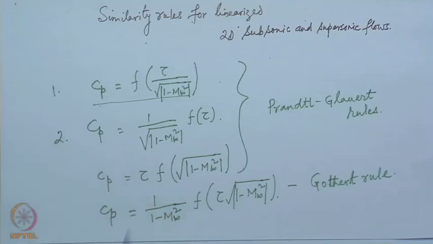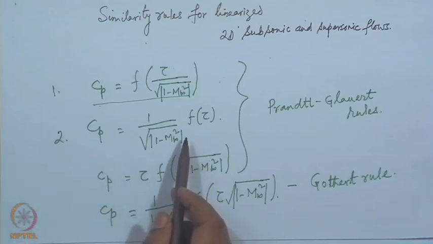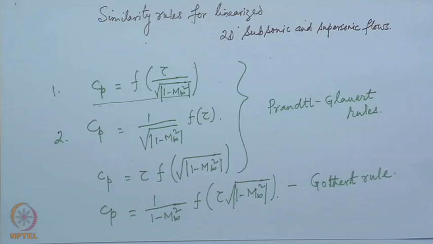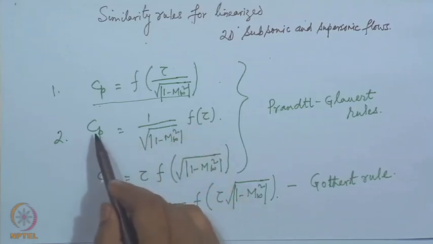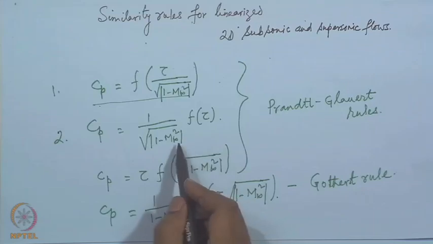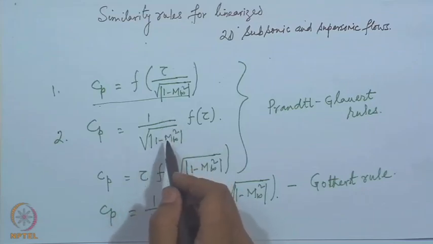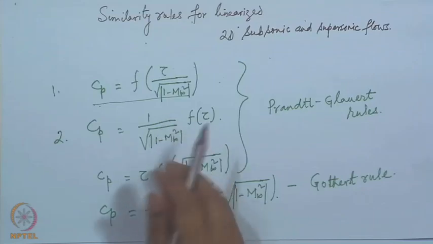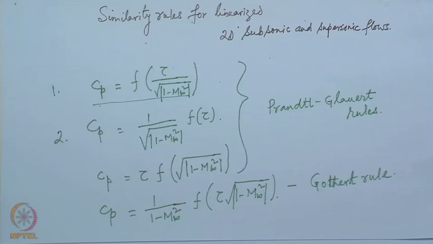The second rule clearly says that for a given member of a particular family of shape, the pressure coefficient increases with M infinity as 1 minus M infinity square to the power minus half, or as 1 by root over 1 minus M infinity square.